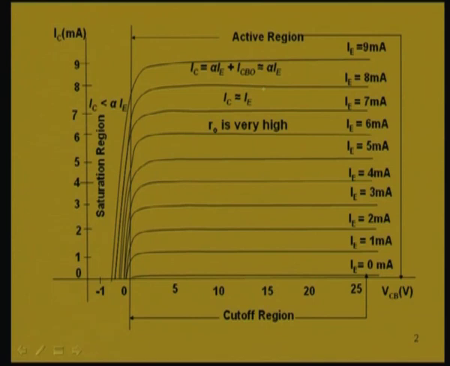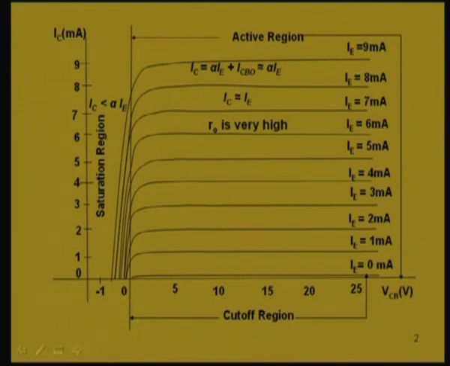Now, there are two other regions, known as the cutoff region and the saturation region. The transistor is off in the cutoff region because here both the emitter base junction as well as the collector base junction are reverse biased.